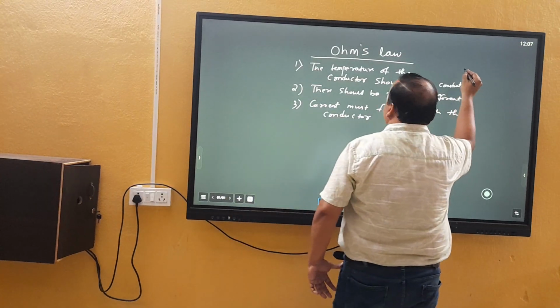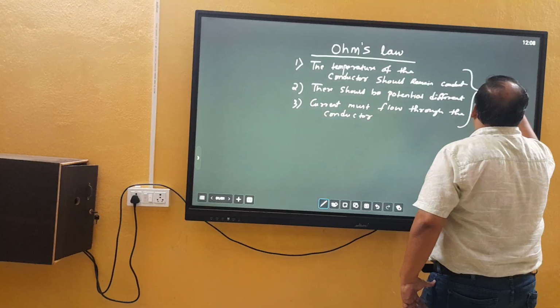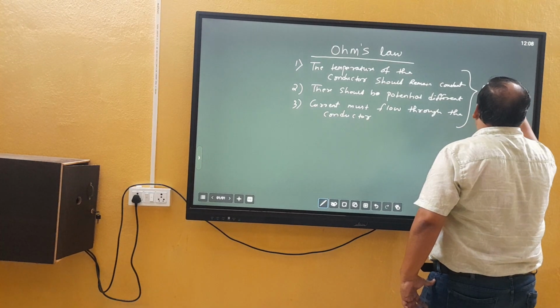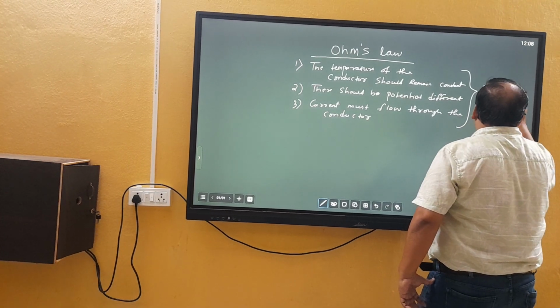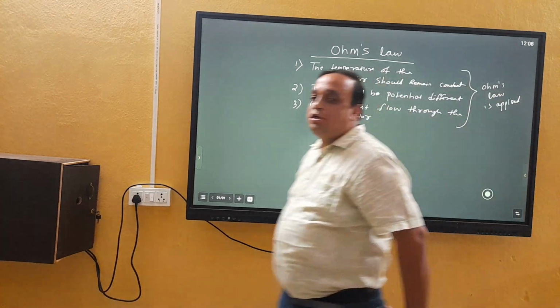These are the three conditions in which Ohm's law is applied.